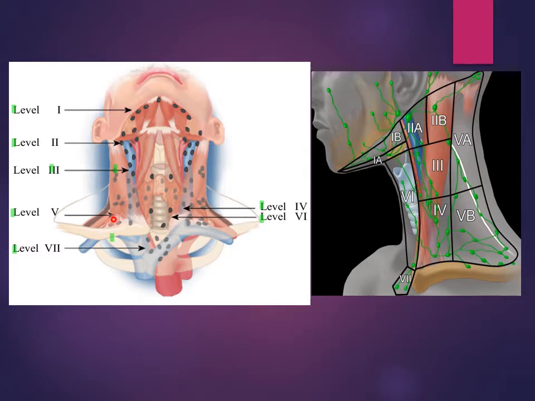Then you have level 5, which is the posterior group of lymph nodes, posterior triangle, and level 6, the anterior group or the visceral lymph nodes, which occupies the visceral space where the thyroid is located. So lymphatics from the thyroid drain predominantly into level 6 lymph nodes. And level 7 is the inferior infraclavicular lymph nodes or the mediastinal lymph nodes.